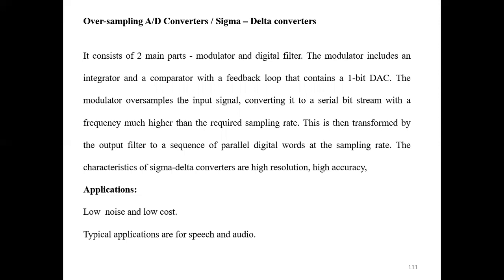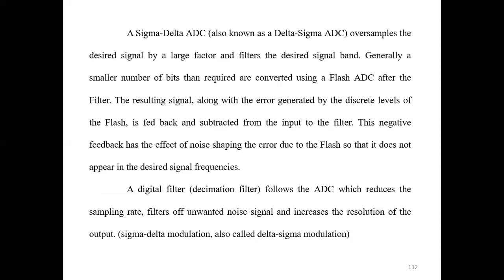This is then transformed by the output filter to a parallel digital word at the sampling rate. The characteristics of delta sigma converters are high resolution and high accuracy. The application is low noise and low cost, typically speech and audio.